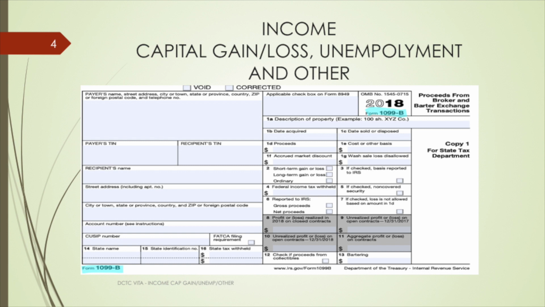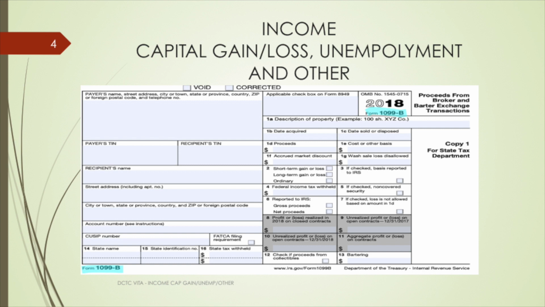Box 2 refers to the holding period and identifies whether the gain or loss is short or long term. Short means the taxpayer held the asset for 12 months or less. Long means that the taxpayer held the asset for more than 12 months.